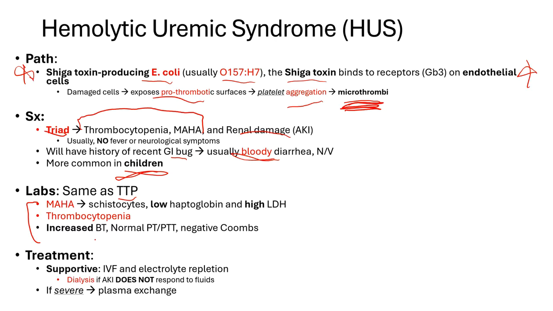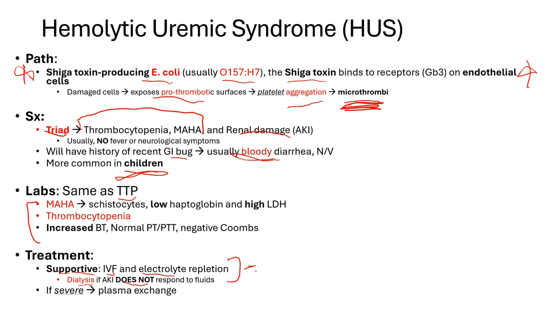The treatment, on the other hand, is a little bit different. The treatment in this case, because we are not producing autoantibodies, is typically going to be more so supportive, such as IV fluids and electrolyte repletion. In some cases, we can give dialysis, but that is only if the AKI, or that increase in creatinine, does not respond to fluids. The big takeaway here is that this is going to be supportive treatment.